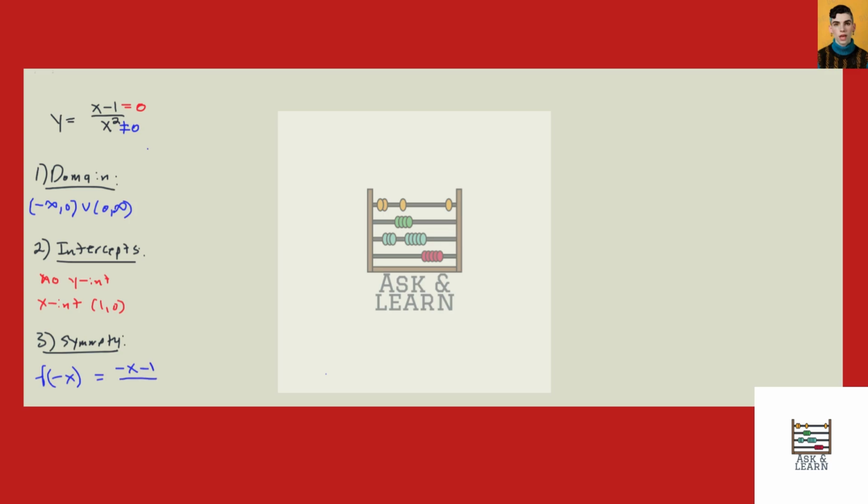That's (negative x minus 1) over (negative x) squared. Factor the negative out of the numerator: negative times (x plus 1) all over x squared. This is not equal to f of x or negative f of x, so it is neither even nor odd. So there is no symmetry for this one.